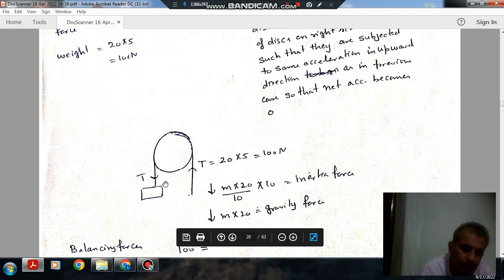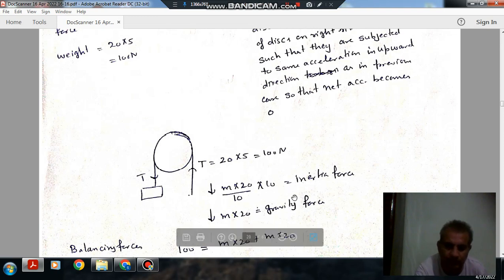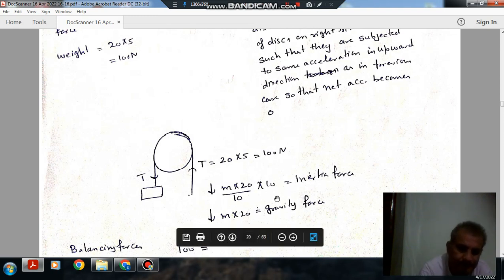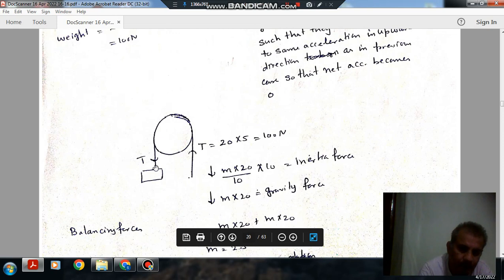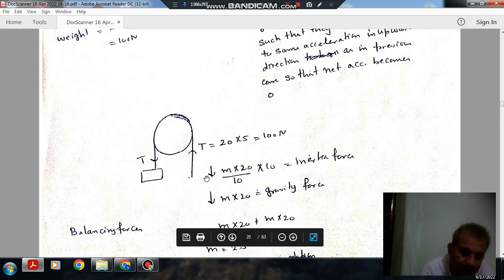Because this is in the upward direction, the inertia force here will be in the downward direction, because these discs will try to move down, so they will be subjected to an upward acceleration. Okay, so upward acceleration means inertia force in the downward direction.